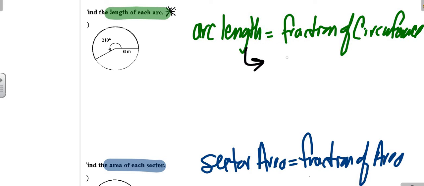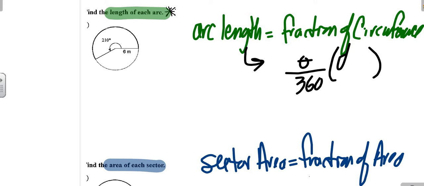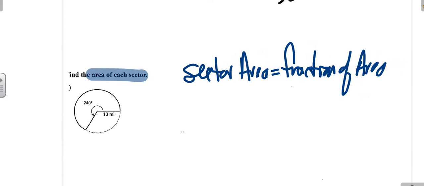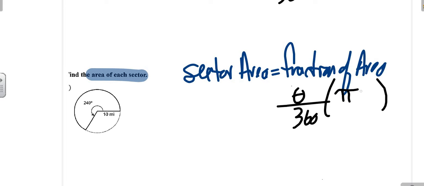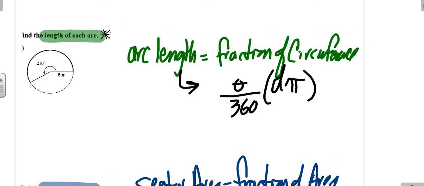So that would mean arc length is theta over 360. That's the fraction. Of means multiply. Circumference means d pi. Down here, the fraction theta over 360 of, multiply, area, pi r squared. You want this in exact terms.